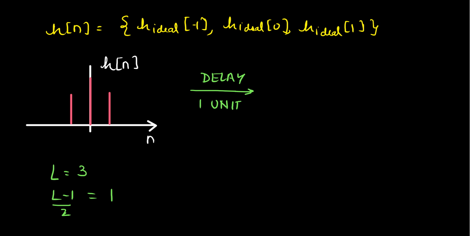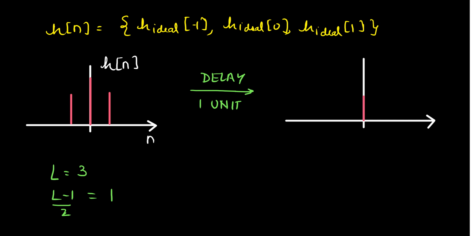So what I am left with is something like this. Again, this is the graphical representation, this is my n-axis, and now after shifting it by 1 unit, or introducing a delay of 1 unit, the value which was present at n equal to minus 1 is now available at n equal to 0.